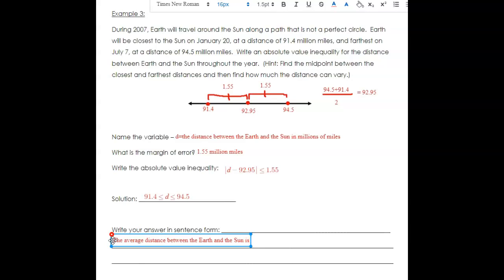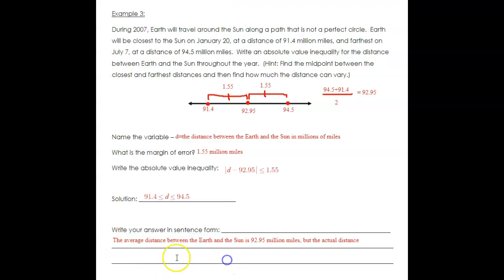What was the average distance? The distance in the middle. It was 92.95 million miles. But the actual distance can vary by that margin of error.